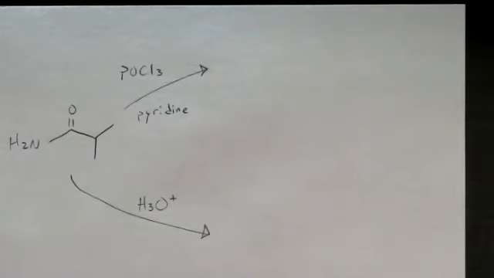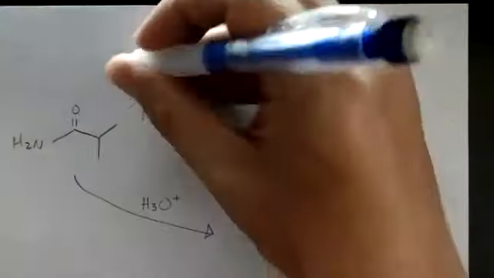Wait, the POCl3, isn't that the elimination of alcohols and it makes a double bond? Or does it make a nitrile? Makes a nitrile. Oh yeah. I don't think I covered this one in our stream that we did during the enolates, but I think it's in Hammond's notes for this one.